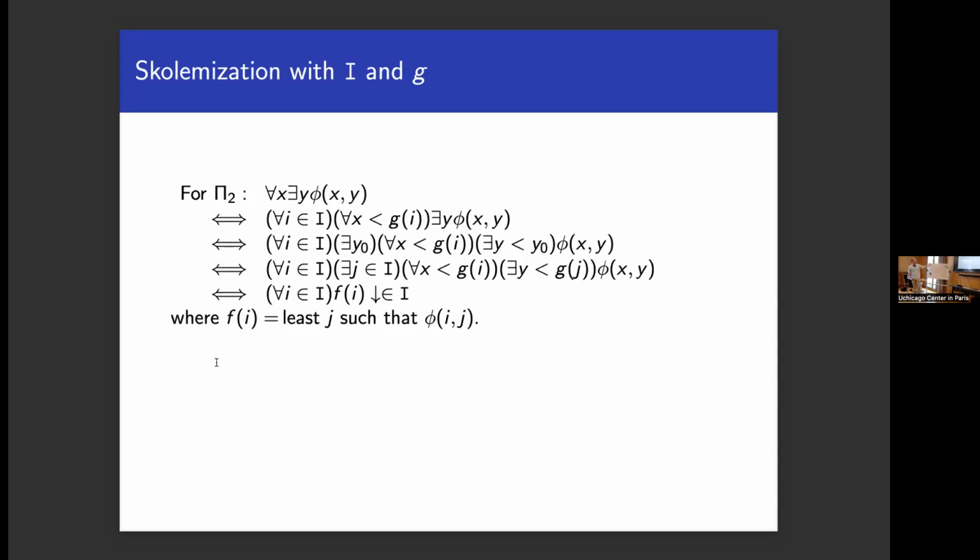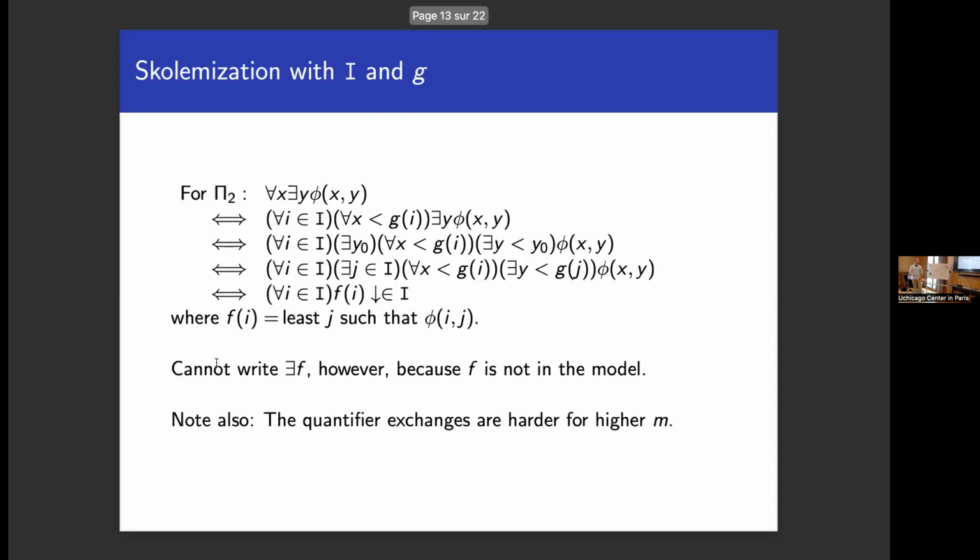Therefore, there exists a j in the domain, which can be used instead. And the last line is some kind of Skolemization, but it's not a very good one because it's just definable. It's hard to write it as a formula that's usable for anything. In other words, it's not in the model.